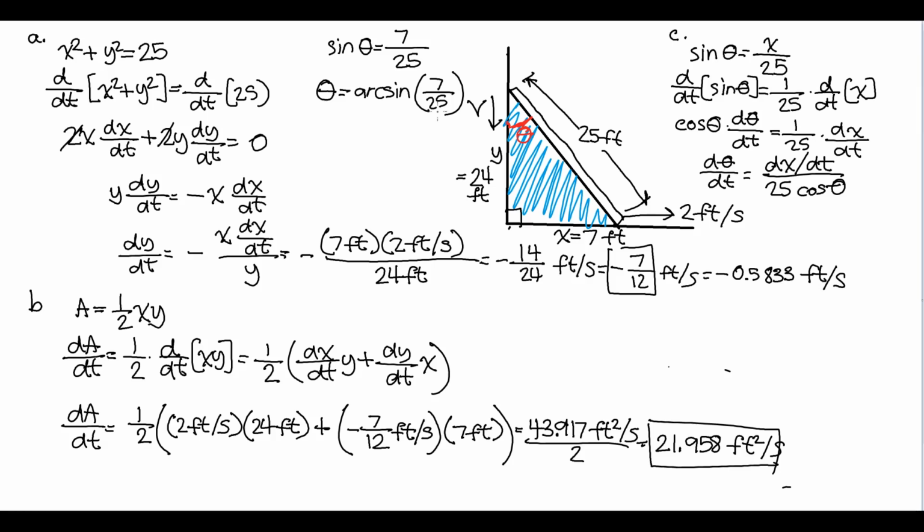In radian mode, we get theta is equal to 0.2838 radians.